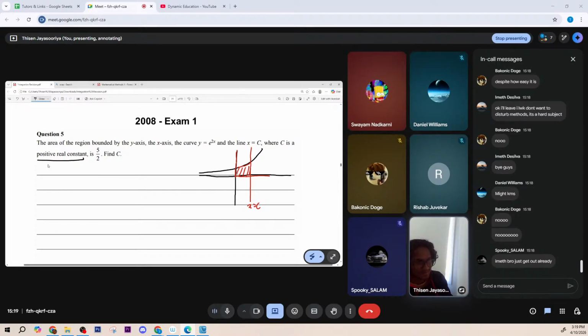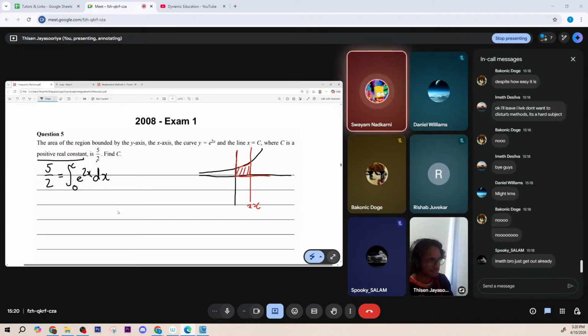So we get here 5 over 2 equals the integral from 0 to c of e to the 2x dx. So 5 over 2 is what this area is equal to, from 0 to c. These are our two boundaries. Does that make sense, Swayam? Is it just c because of the line x equals c? Yeah.